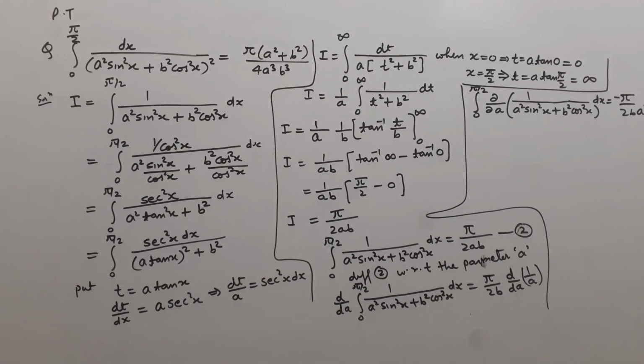On the right hand side, the differentiation of 1 upon a with respect to a is minus 1 upon a square, so the right hand side becomes minus pi upon 2b a square.